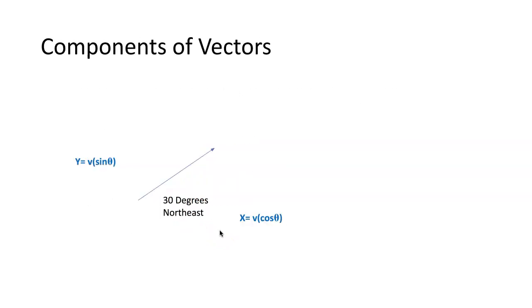We have the x component, which is represented by velocity times cosine theta, and we have the y component, which is represented by velocity times sine theta. Because it has a part that is represented by the x direction and a part that's represented by the y direction, we can represent this using trigonometry.